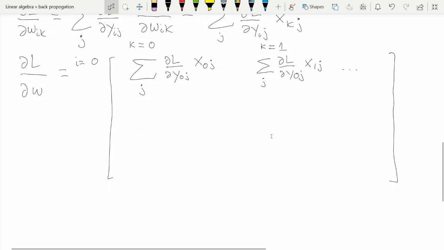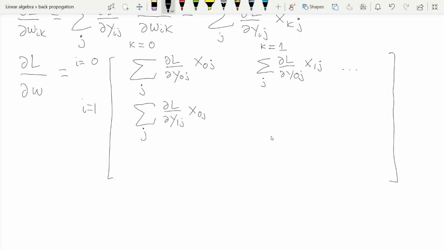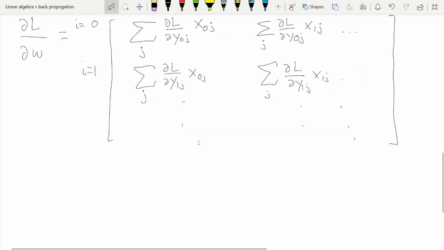And then in the next row, i is going to be equal to 1, so it's the sum over j of partial L with respect to partial y 1j, x 0j, and the sum over j of partial L with respect to partial y 1j, x 1j, and that carries on.